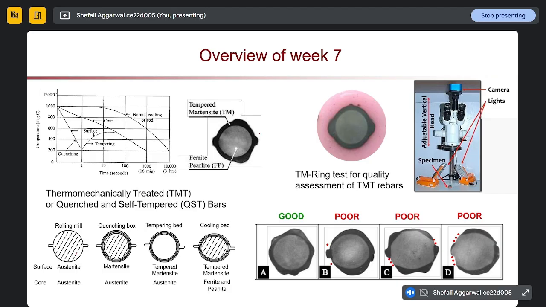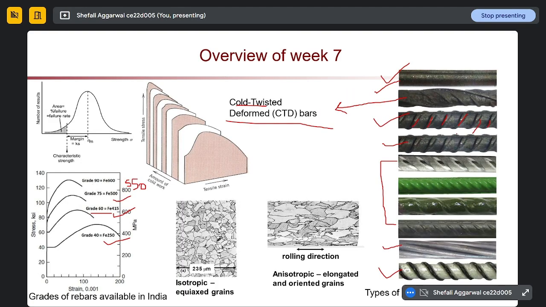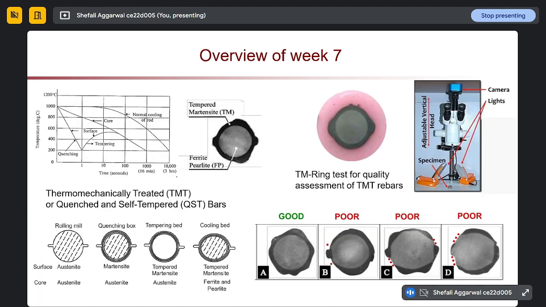Another type of rebar is TMT rebars or QST rebars. These are the rebars which we actually use on our site. If we talk about its microstructure, why it is called TMT rebar is that it is thermomechanically treated, tempered martensite rebar.